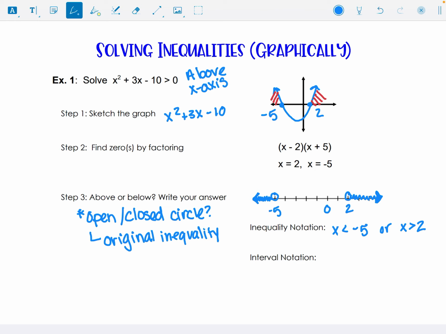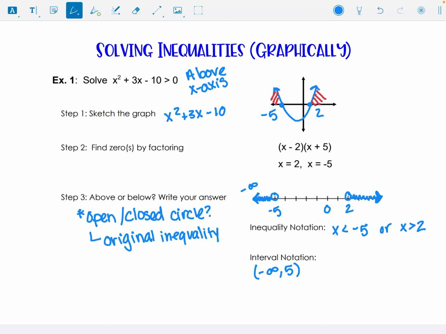And then the interval notation. Remember we said that if there is no starting and stopping point for the interval, then we're going to have to use infinities. So up here, that first shading part begins at negative infinity, and it ends at negative 5 with an open circle.